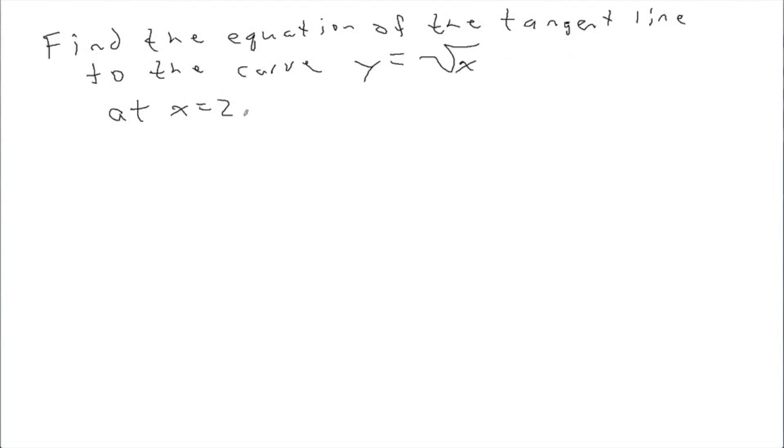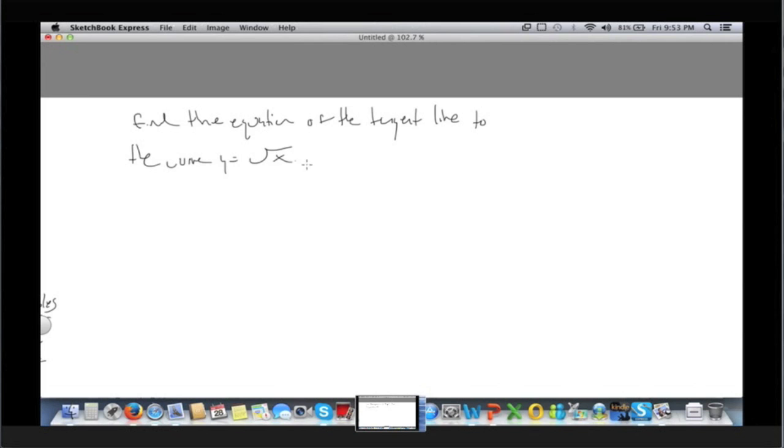Let's just do this. Y equals square root of x. Okay, so y of x is square root of x.